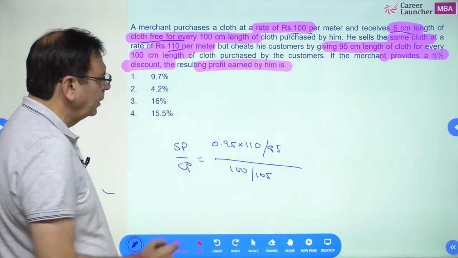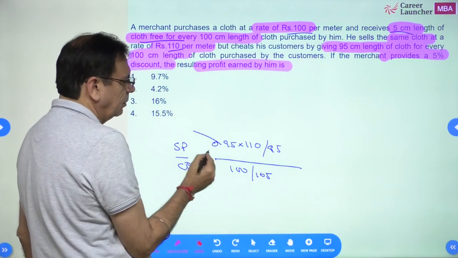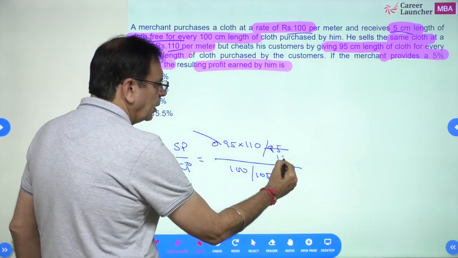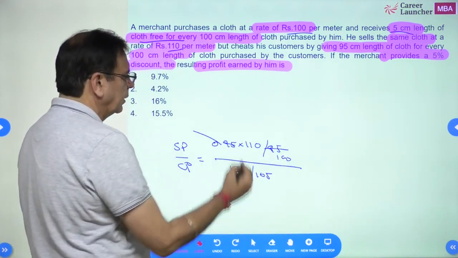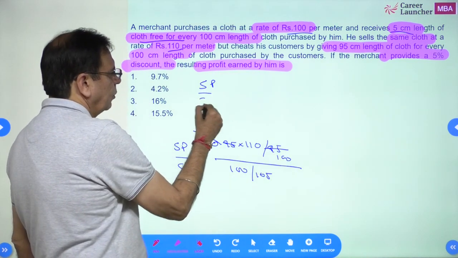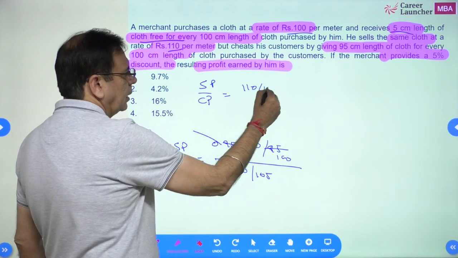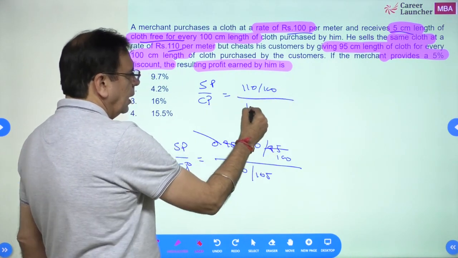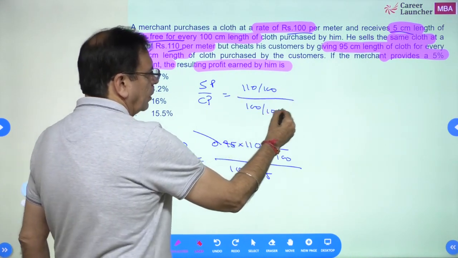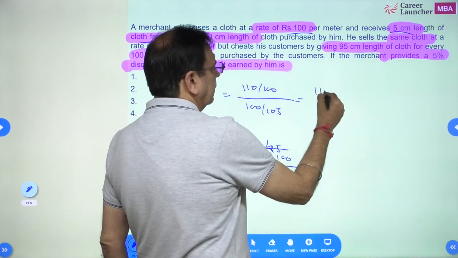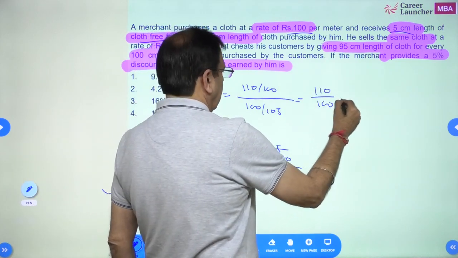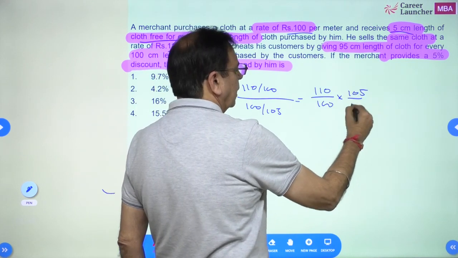So let's make it simple. If I remove this, what will this become? 100. So SP upon CP, the numerator becomes 110 by 100, and what is in the denominator? 100 by 105. What is this? 110 upon 100 into 105 upon 100.